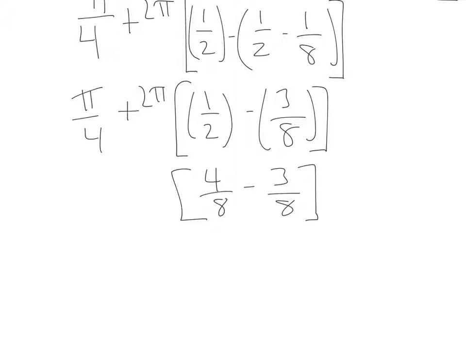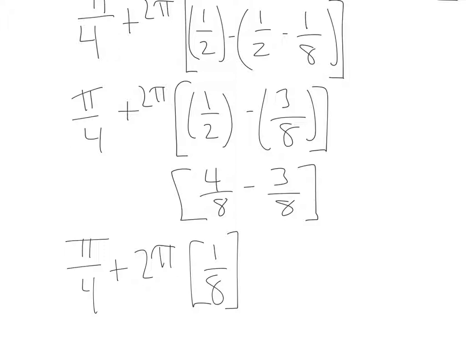And so we get pi over 4 plus 2 pi times 1/8. We can reduce the 2 and the 8, and the answer is then pi over 4 plus pi over 4, which turns out to be 1/2.